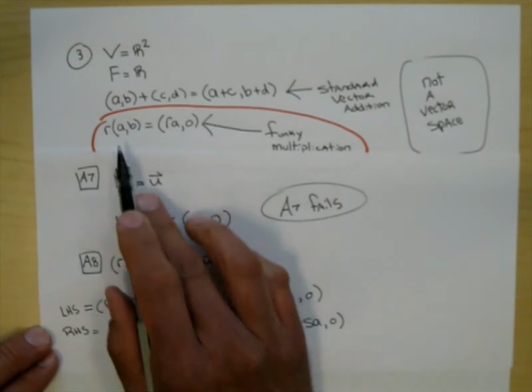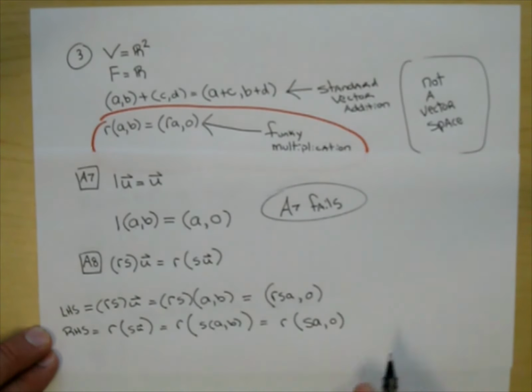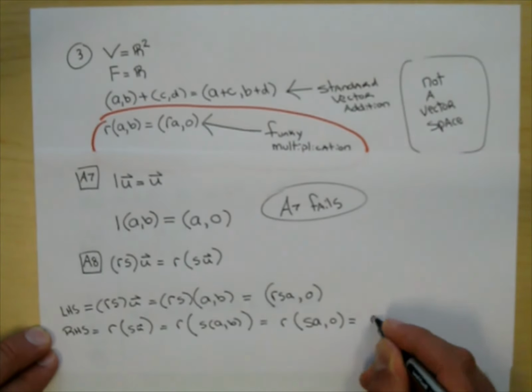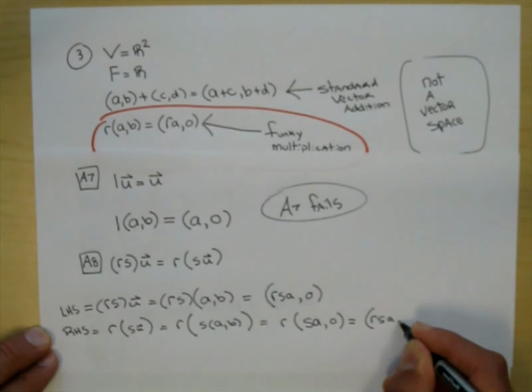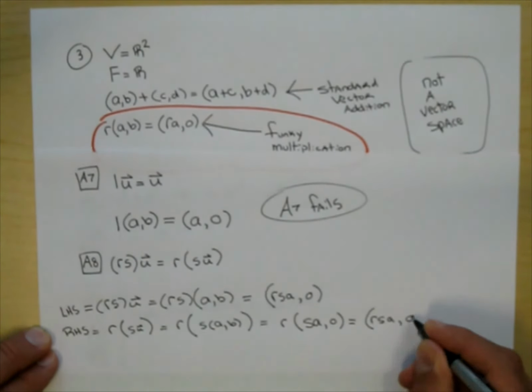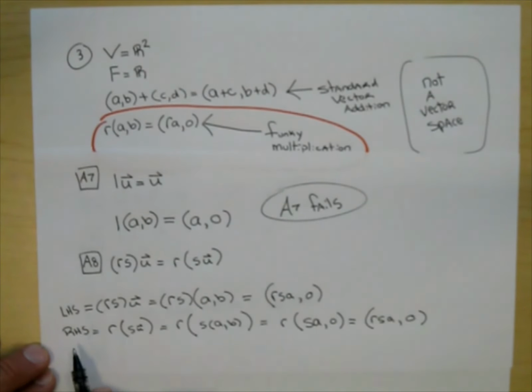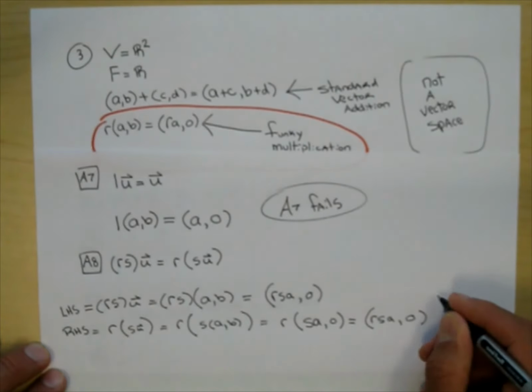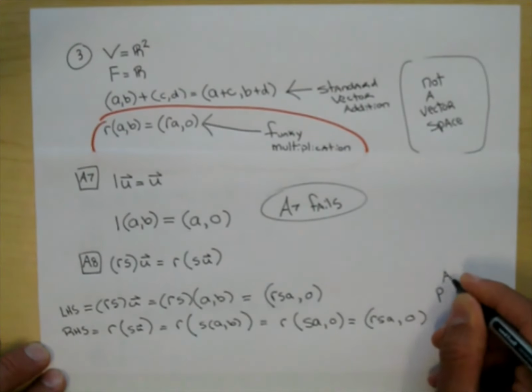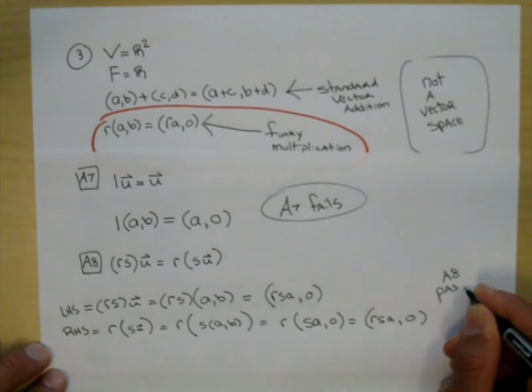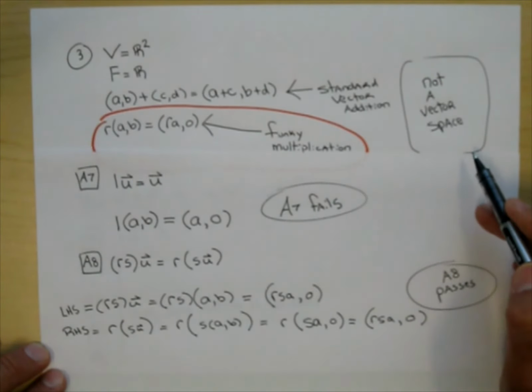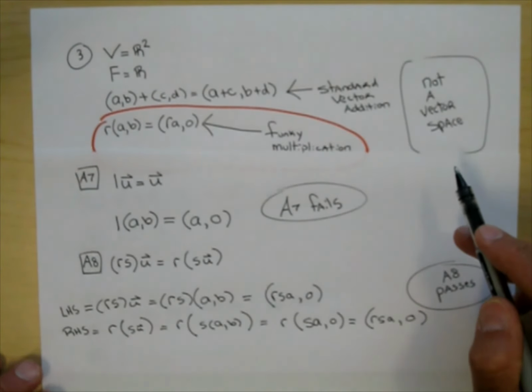And then we're doing funky multiplication again with this R. It's going to be (RSA, 0), because that's what it says. And look what you have. You have the left-hand side equals the right-hand side. So A8 passes. Now it doesn't make a difference because this is not a vector space and we're just doing this for fun. And you might be asking yourself, why would you do this for fun?